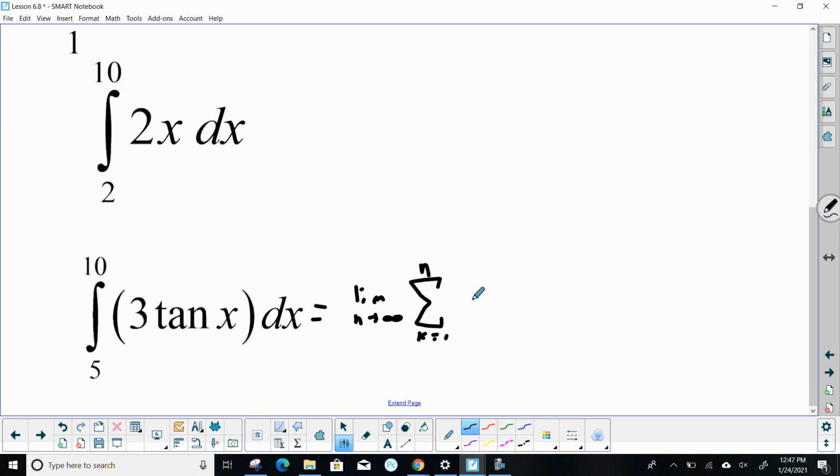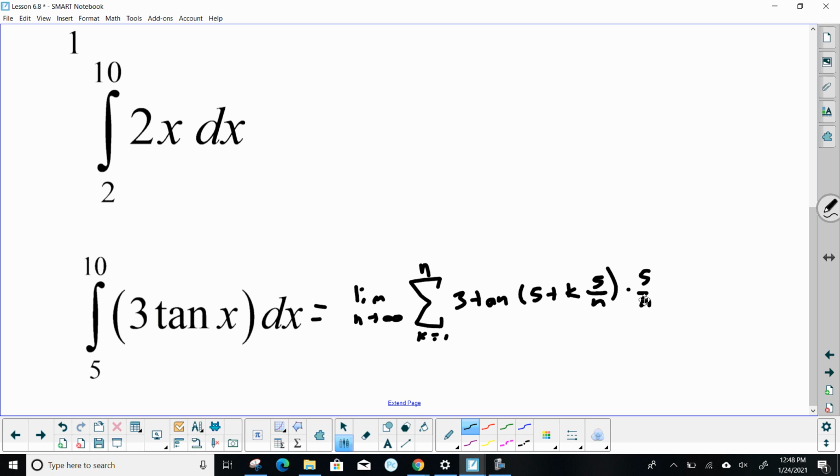Then we take my function, 3 tangent, but in place of the x we're going to plug in a plus k times b minus a over n. 10 minus 5 is 5 over n. And then we times that by 5 over n. There we go. We have it rewritten.